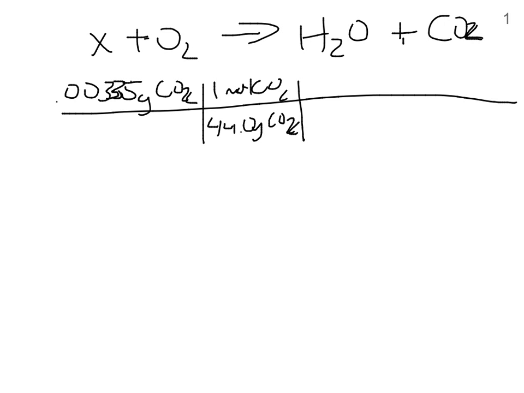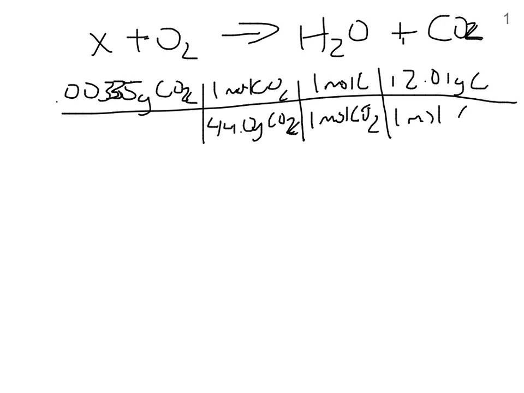Okay. Then we're going to take a mole ratio. So for every 1 mole of carbon, there's 1 mole of CO2. There's only 1 carbon in the compound, so that's where we get that ratio from. We'll see that's going to be different for our hydrogen in a minute. And then the molar mass of carbon over 1 mole of carbon.